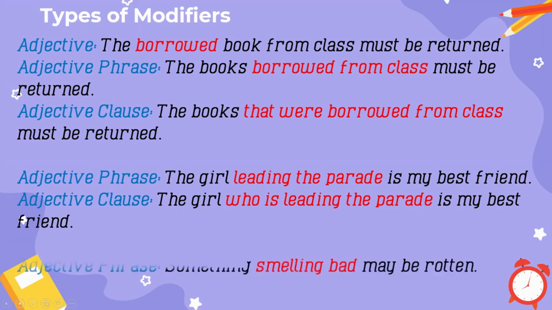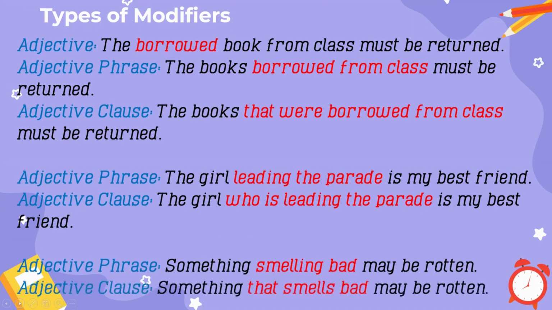Another example, you have here, something smelling bad may be rotten. Smelling bad is also your participial phrase or adjective phrase modifying the subject something. And then we have adjective clause, something that smells bad may be rotten, modifying the subject something.